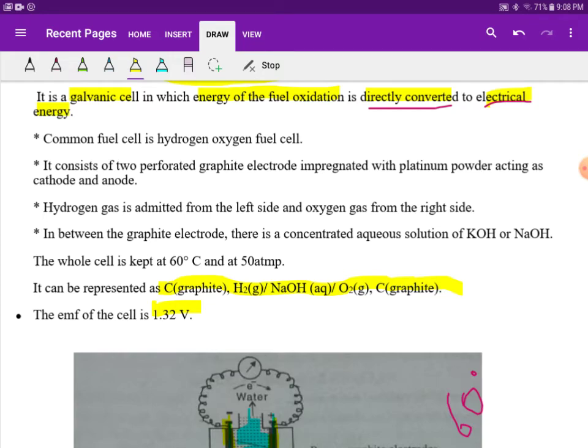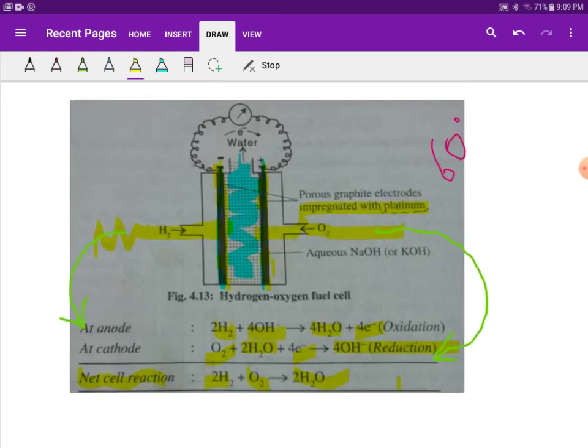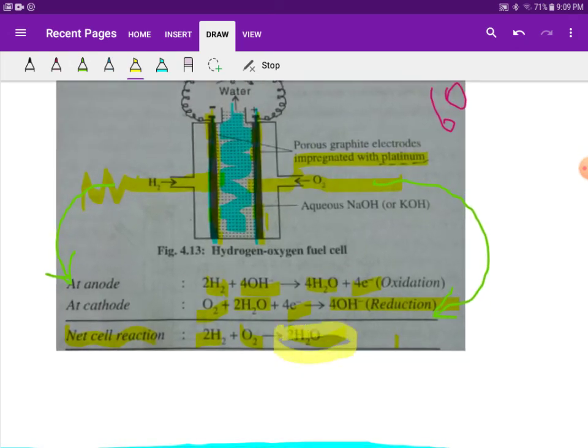And third aspect is that the product produced is water, which is a completely green product. So it can be used again and again.